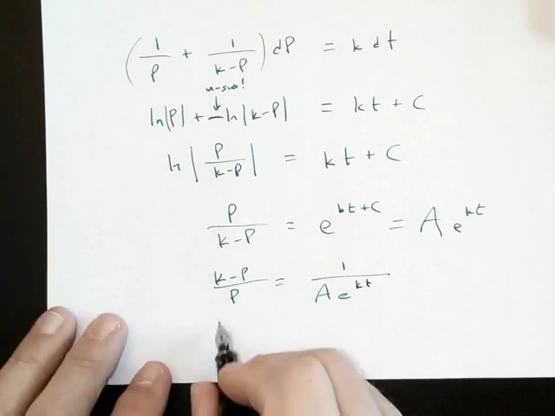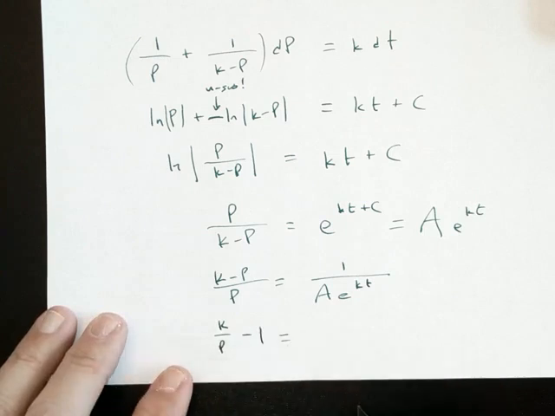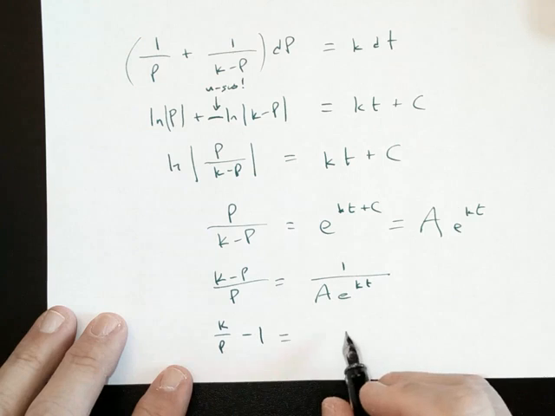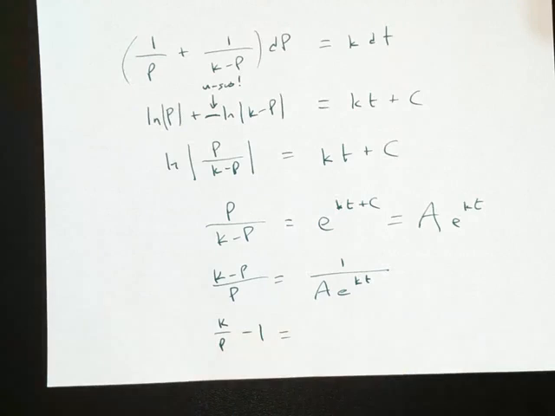Wait a second. I have an e in the bottom. What can I do with the e's in the bottom? I don't like having the e on the bottom. I want it out of the bottom. What do I do?